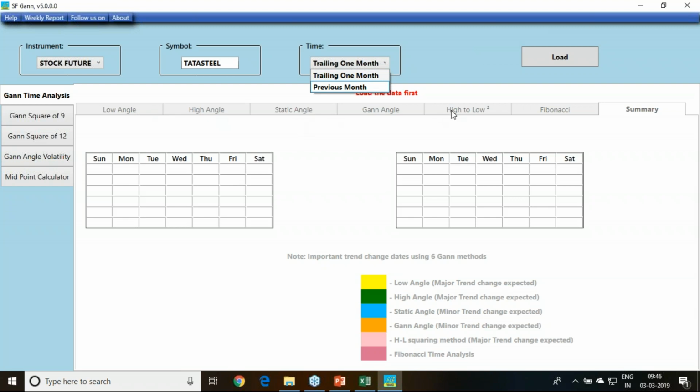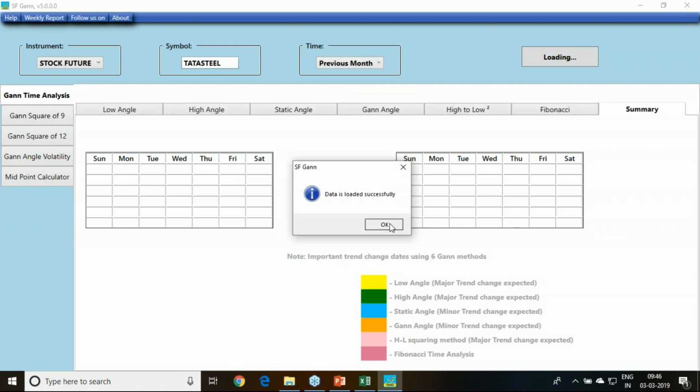If you go through this particular software, we have programmed low angle, high angle, static angle, high to low, squarings you have seen, Gann angle you have seen, Fibonacci also we have made an analysis on. So here, suppose I am going for the previous month, Tata Steel I am going to analyze. I just load the data. All this data is loading, it means all calculations will come.